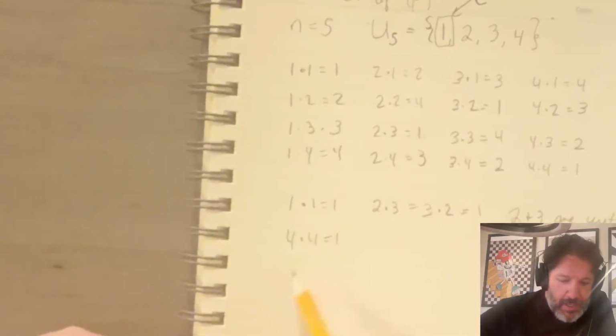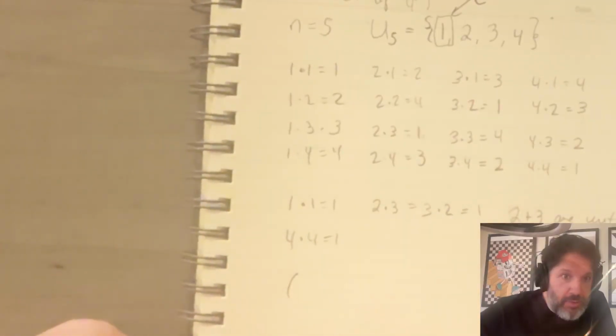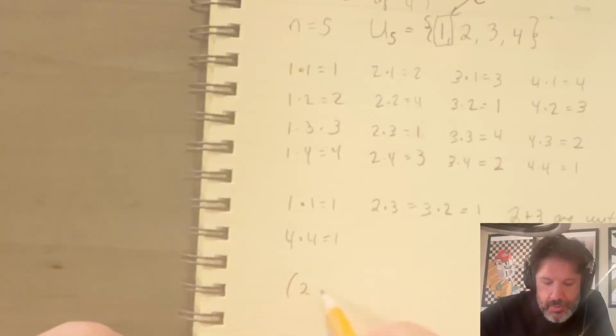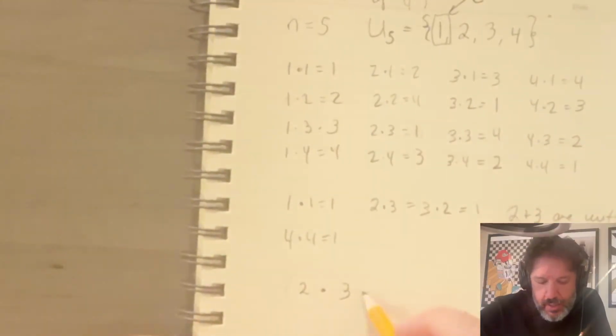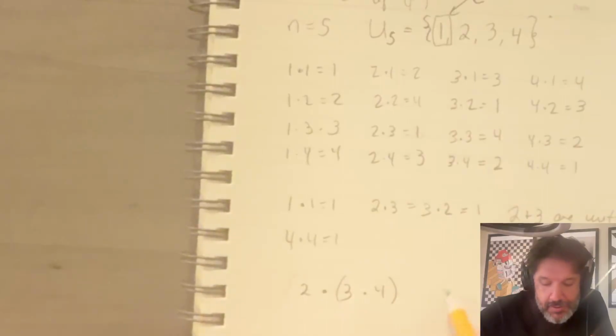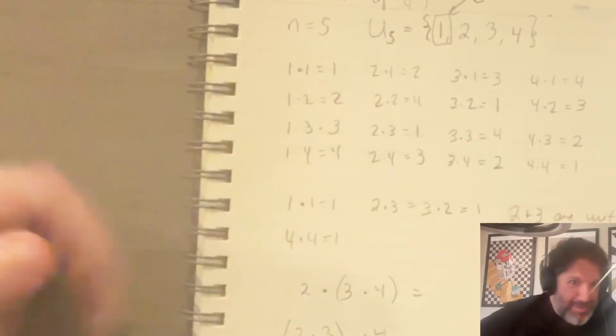So if I take any 3 numbers in the group, let's take 2, 3, and 4, the question is, does it matter if I multiply 3 and 4 first, or if I multiply 2 and 3 first? Now, I think we all know the answer to this. The answer is no, and I could tell you to take my word for it.